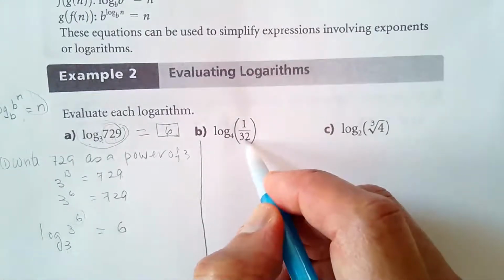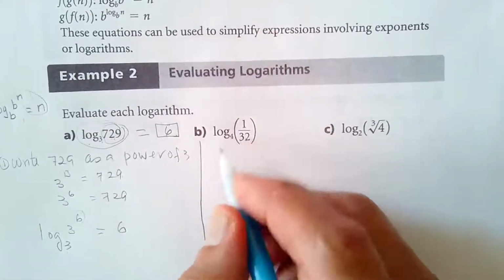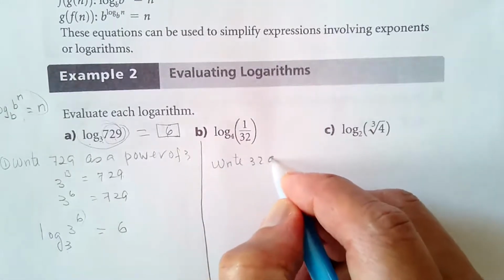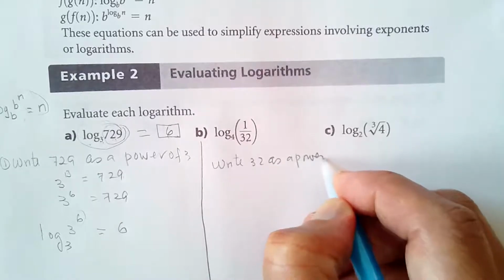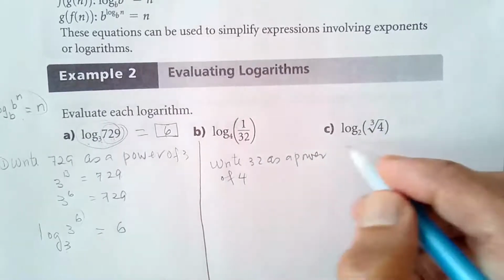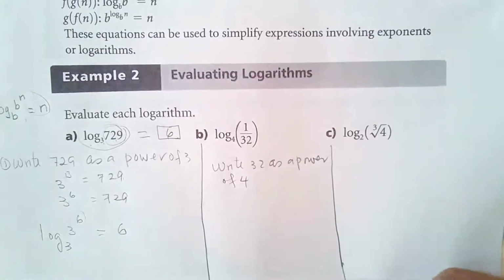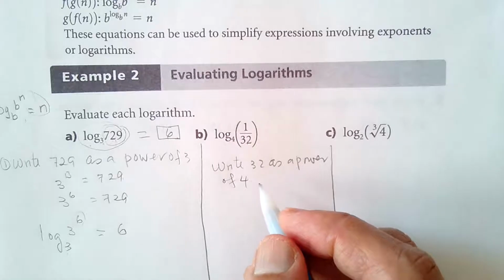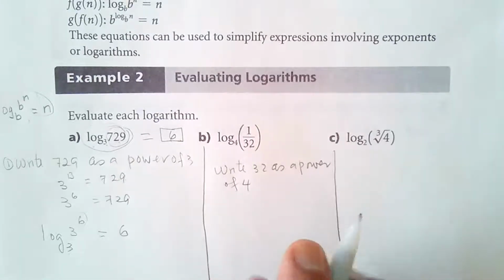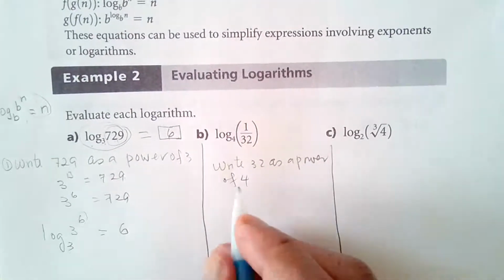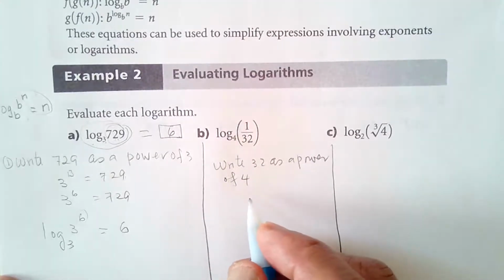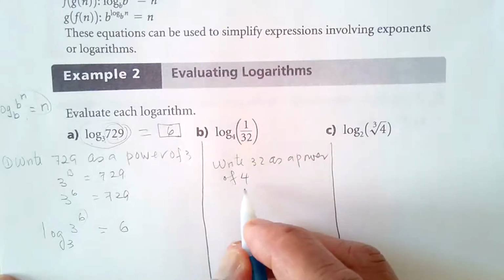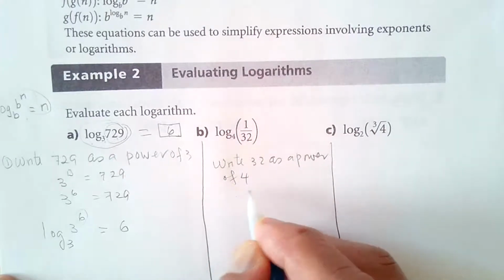Now, the next thing here, we write 32 as the power of 4. So we can write that as 2 to the power of 5.